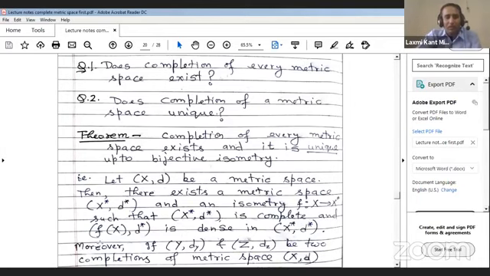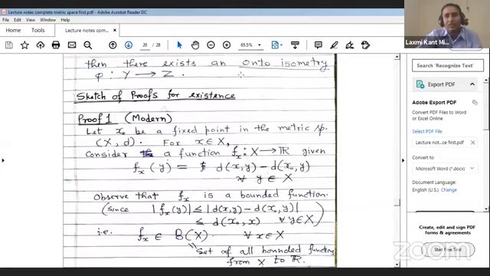Moreover, this is the uniqueness part: if we have two completions of (X, D), Y and Z, then there exists an onto isometry. It is okay here, since if we have an isometry, then it is one-one itself, so it is quite obvious to say onto only.